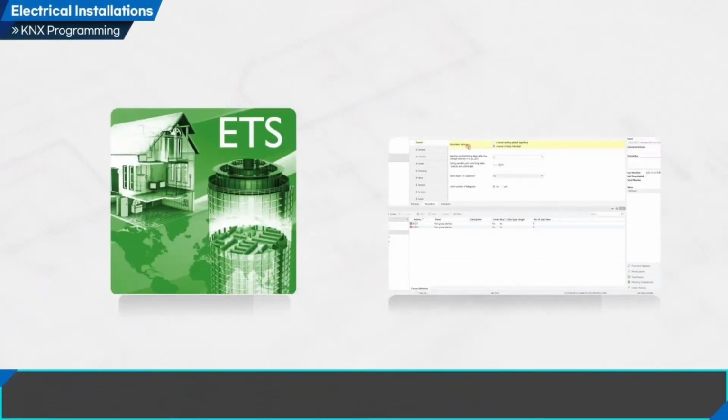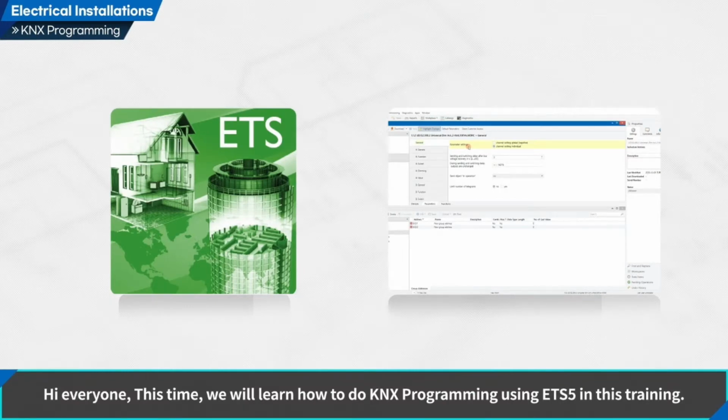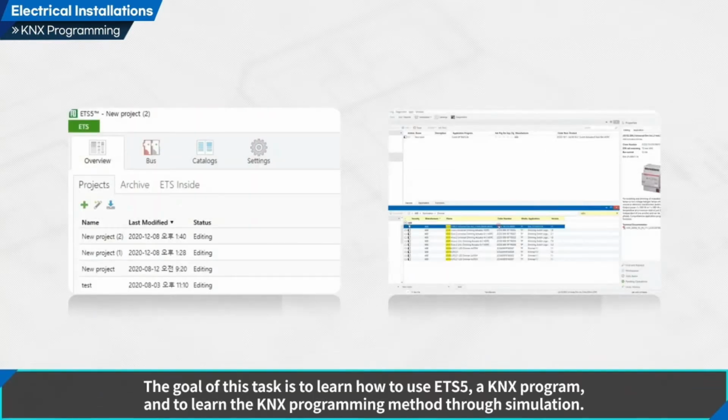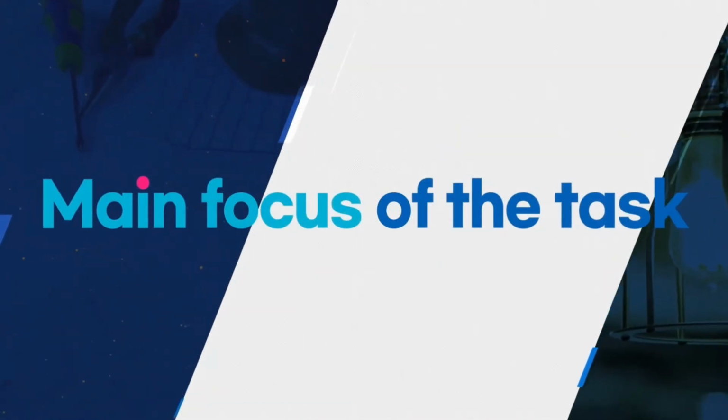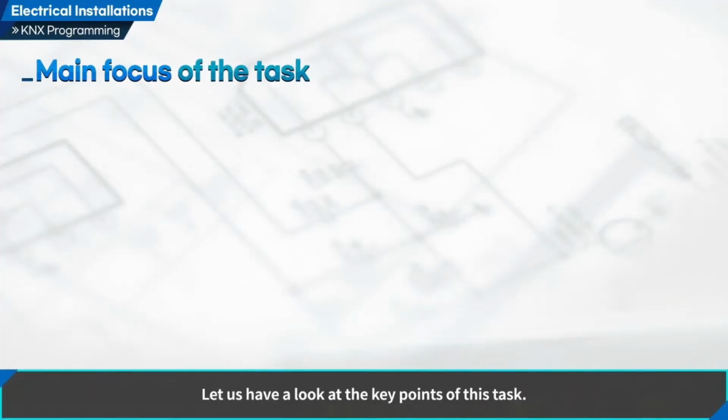Hi everyone. This time we will learn how to do KNX programming using ETS5 in this training. The goal of this task is to learn how to use ETS5, a KNX program, and to learn the KNX programming method through simulation. Let us have a look at the key points of this task.